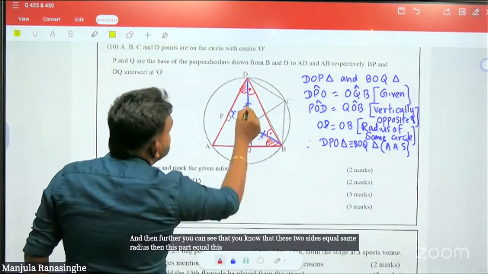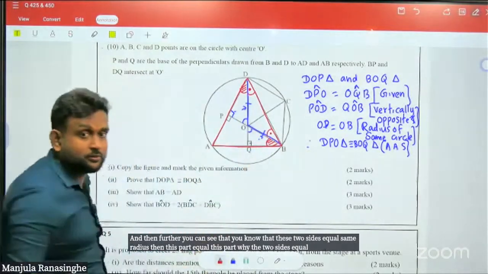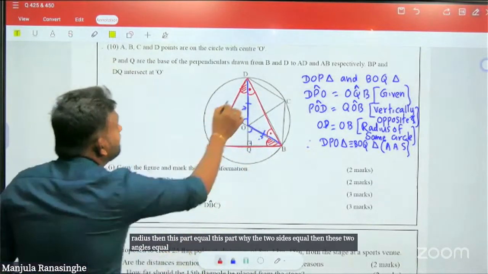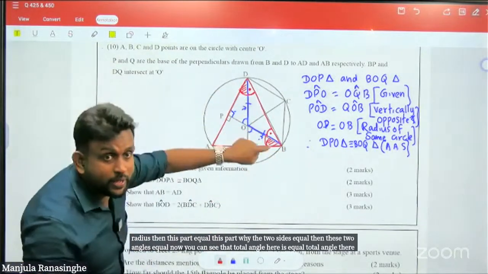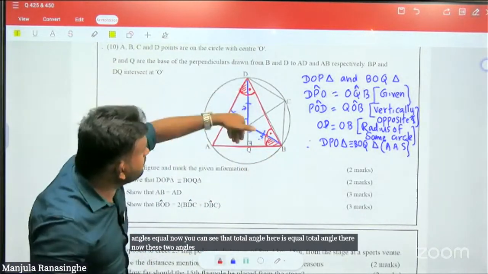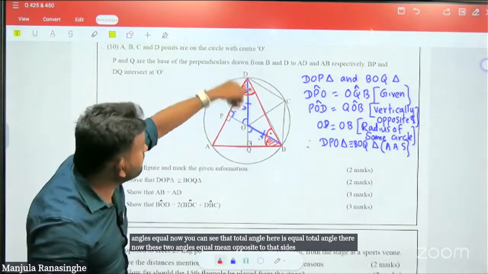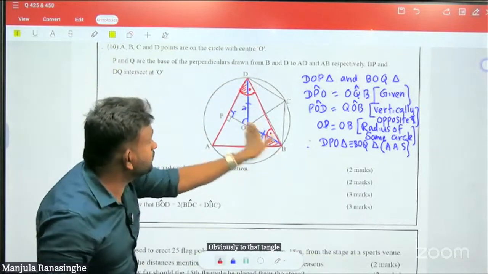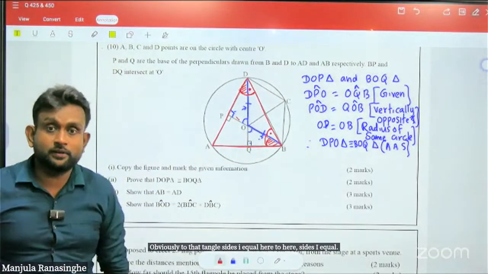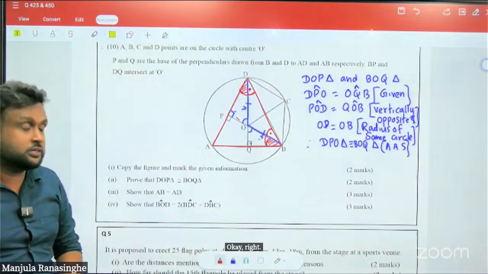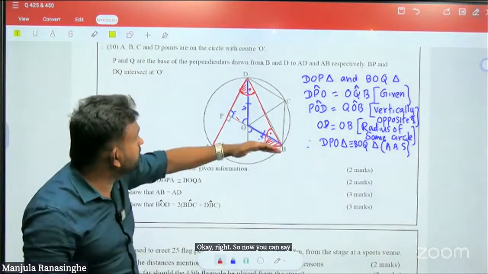Then these two angles are equal. Now you can see that the total angle here is equal to the total angle there. Now these two angles being equal means the sides opposite to them are equal. Here to here, the sides are equal. So now you can say that AD equals AB.